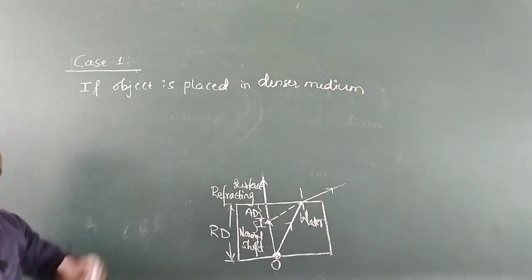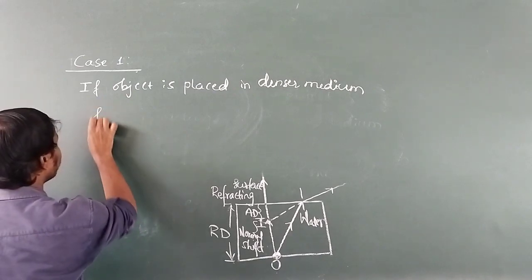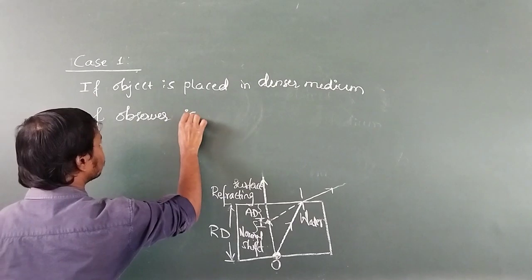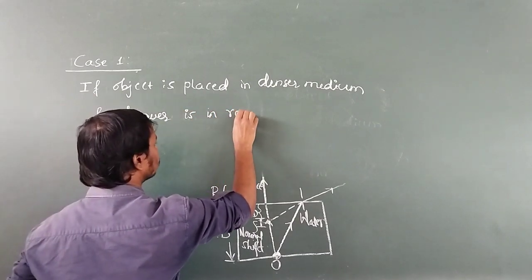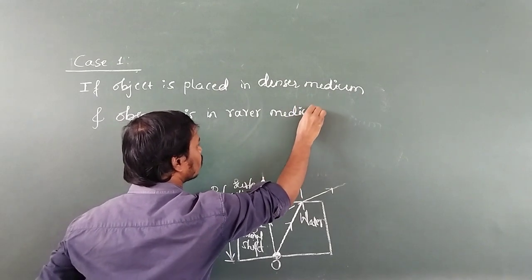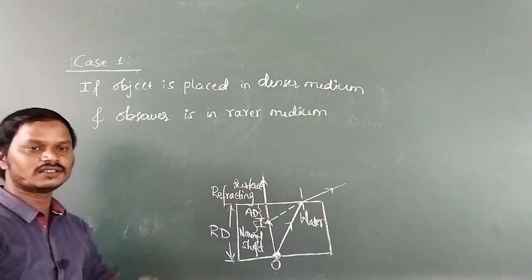If the object is placed in the denser medium and the observer is in the rarer medium, then what is the formula used to find the normal shift?